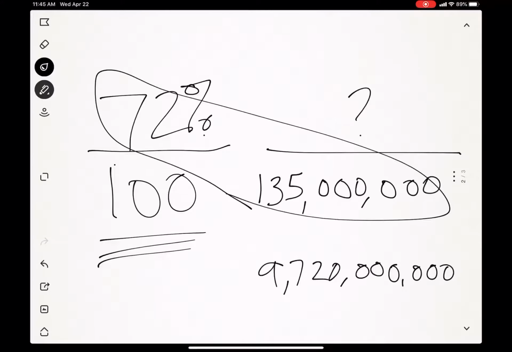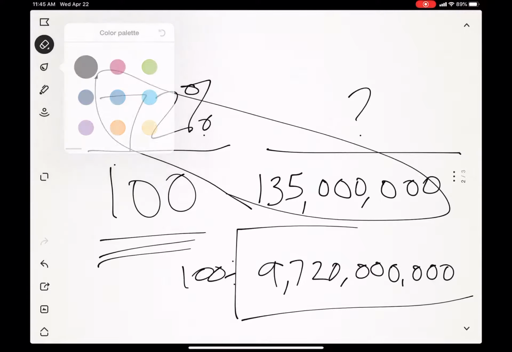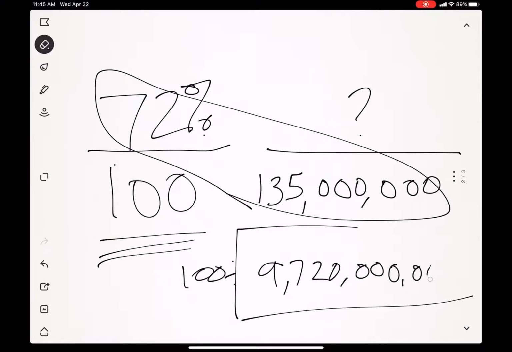Now, I know that my next step is to divide this number by 100. Another way to do that is to just cut off the last two zeros, because we're dividing by 100. What does that leave me with? 972, with five zeros now.